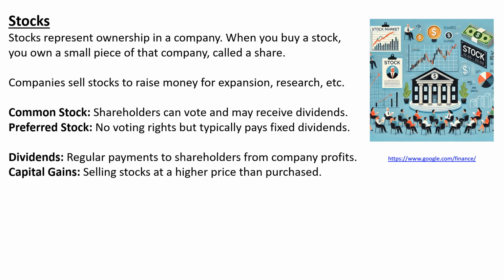The way to make money by owning stocks is the regular payments to shareholders, which are dividends, and then if you sell the stock in the future, then the appreciation in the share price is classified as a capital gain. And we talked about in our taxes lecture on Monday that capital gains are taxed at a much lower rate than dividends are.